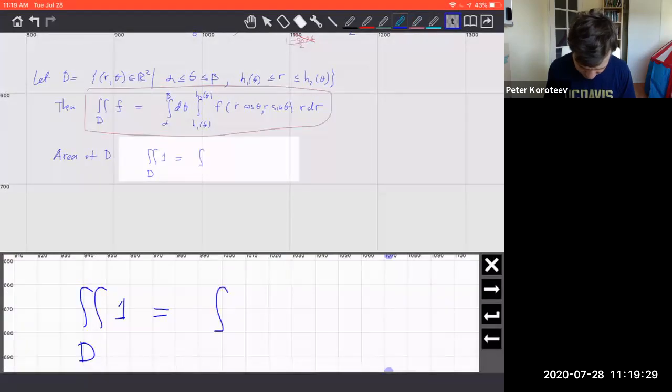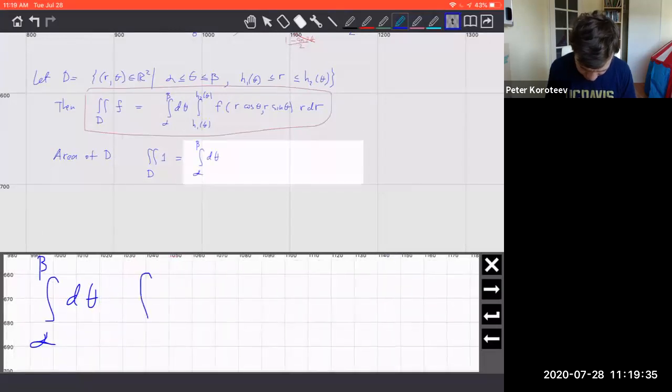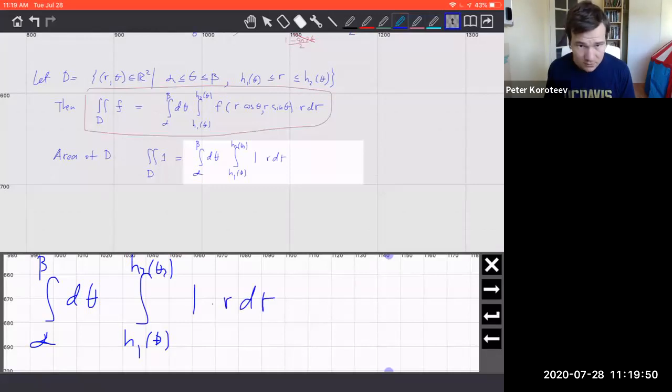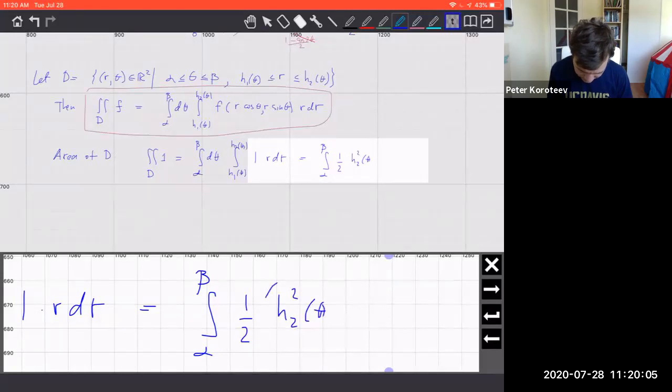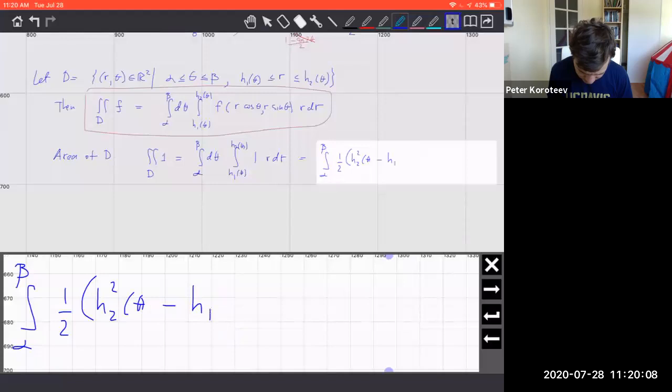So you're going to have the integral from alpha to beta d theta times the integral from H1 of theta to H2 of theta of just 1, so 1 r dr. And that will give you, well, you still need to integrate from alpha to beta of 1/2 H2 squared of theta minus H1 squared of theta d theta.